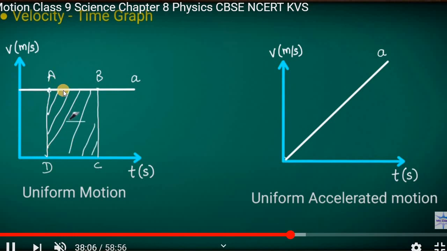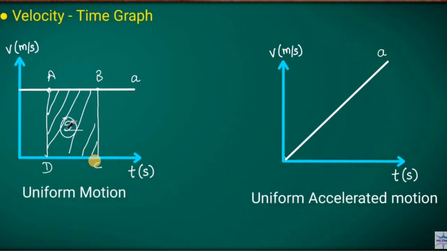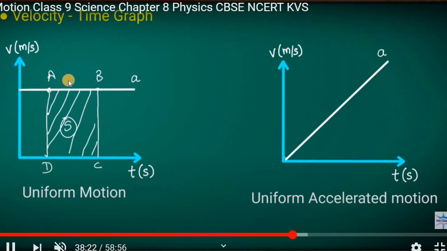What is the distance from A to B? If we draw the perpendicular lines from A to D and B to C on the time axis, we get the distance traveled in that time. Here you can see AB forms a rectangle. So what is the area?